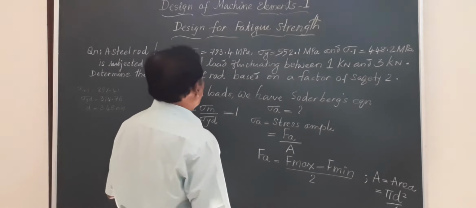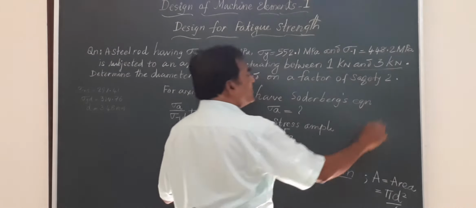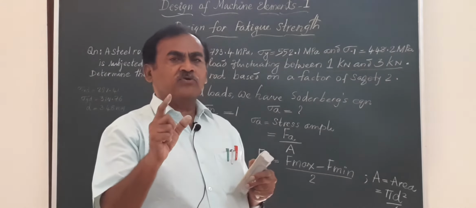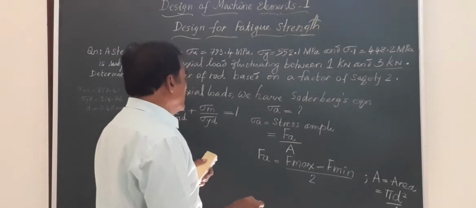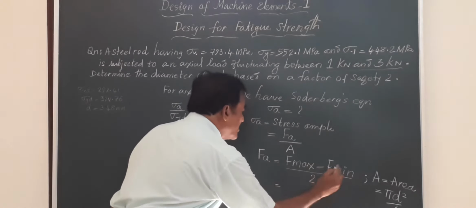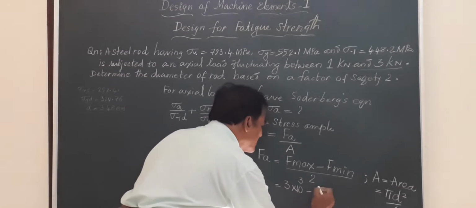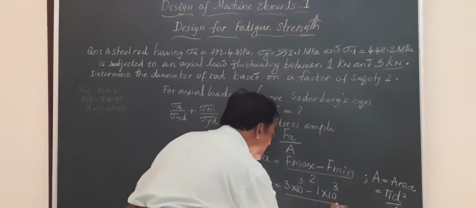Yes, what is F max? He says the load is fluctuating between 1 kilonewton and 3 kilonewton, and hence 3 kilonewton is the maximum load and 1 kilonewton is the minimum load. So I am going to substitute here and get F_a is equal to F maximum, that is 3 into 10 to the power of 3 Newton minus 1 into 10 to the power of 3 Newton divided by 2.